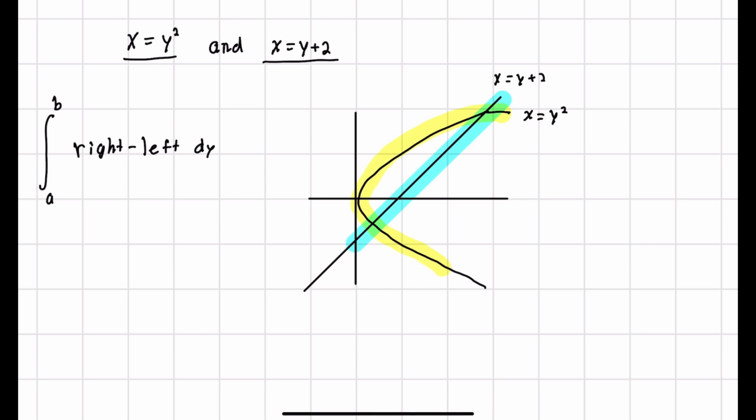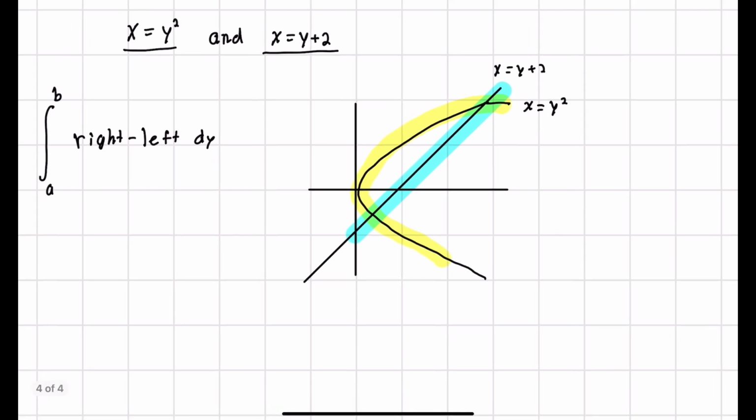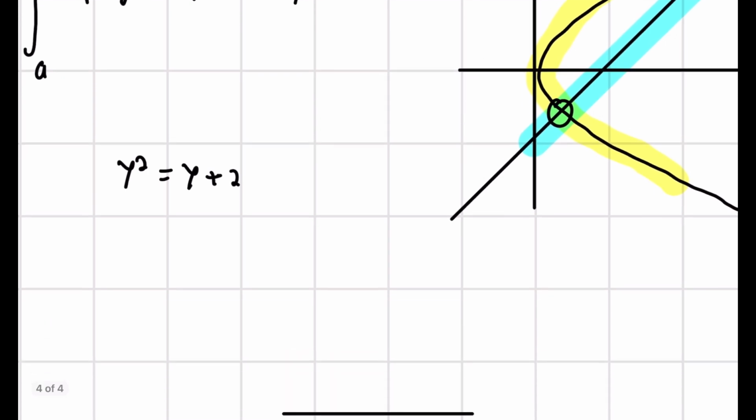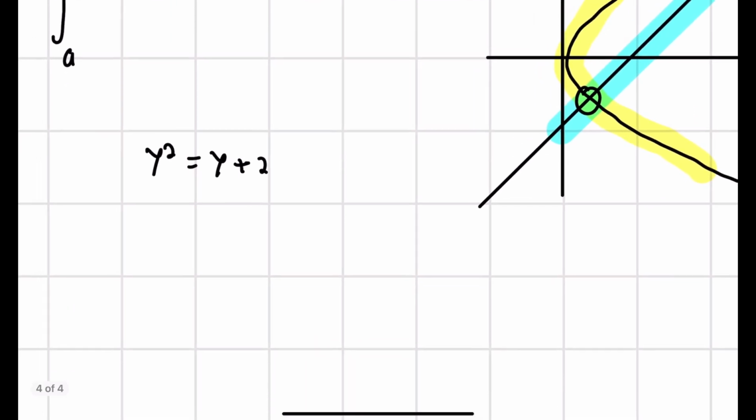So now let's find our intersection points. So we want to find these 2 points where the two functions intersect. And what we do is we set both of these functions equal to each other. So y squared equal to y plus 2. And we can move everything onto one side.